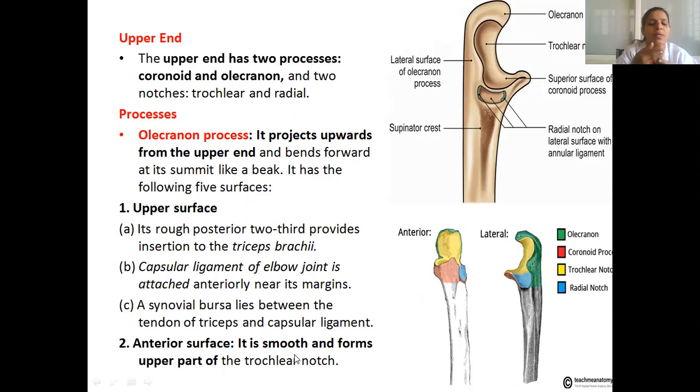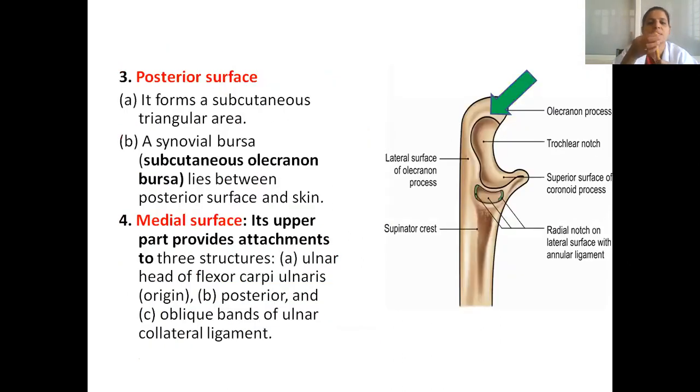The front surface, the anterior surface, is quite smooth, because it is forming the upper part of the trochlear notch. Okay, then the posterior surface, you can feel in your own body. This is the posterior surface of which bone we are talking? Ulna bone. So this posterior surface is subcutaneous and it is triangular.